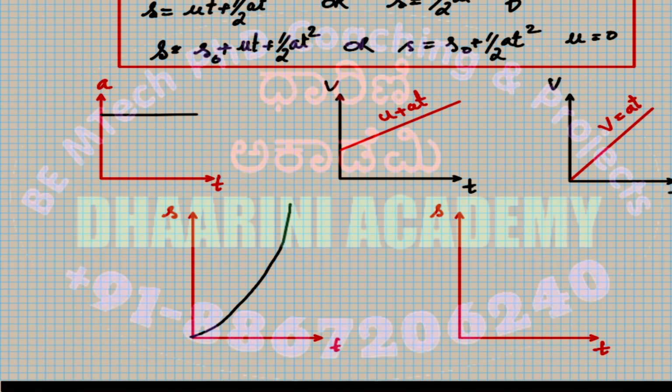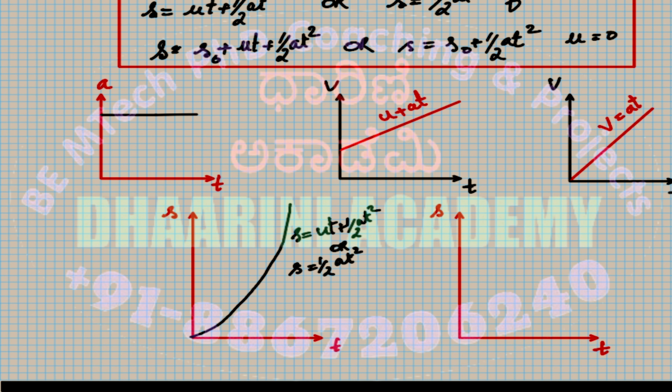It's not a straight line, right? This is the curve, either S equal to ut plus half at square, or S equal to simply half at square.